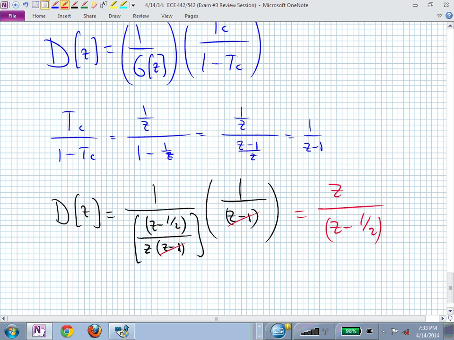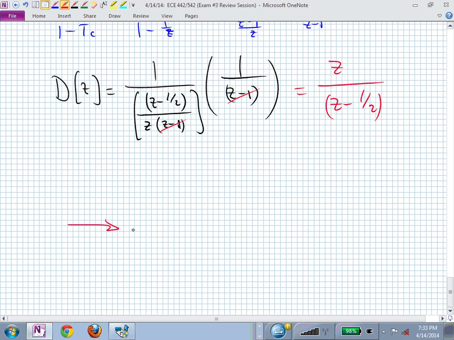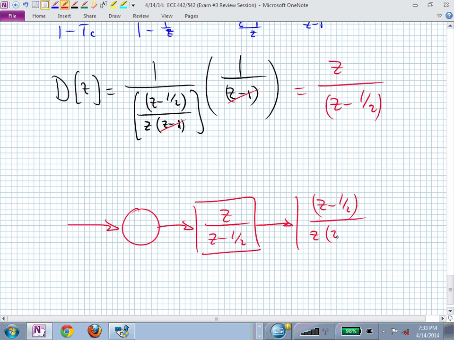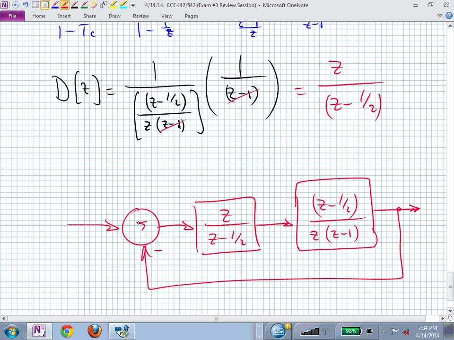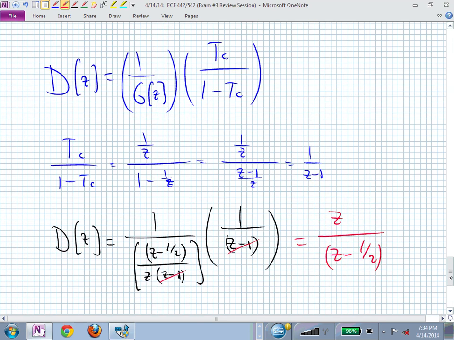Which means that if I now apply that to my plant, which was Z minus 1/2 over Z over Z minus 1, is that what it was?